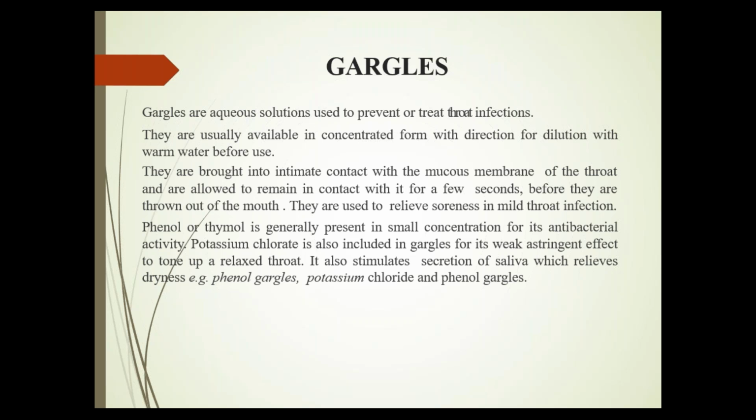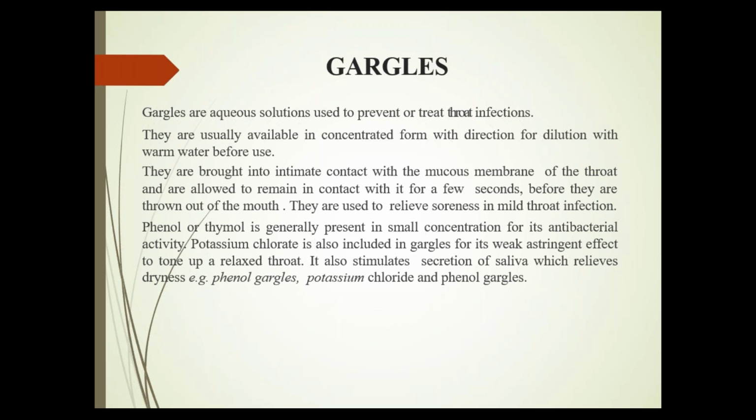Usually in gargles they use either phenol or thymol, because they are meant for their antibacterial activity. Sometimes even potassium chloride is included for its weak astringent effect to tone up a relaxed throat.